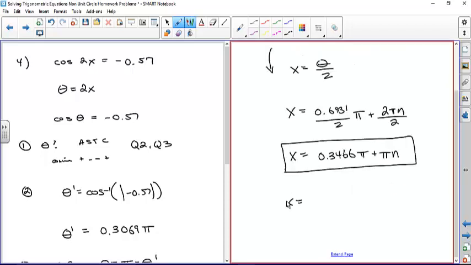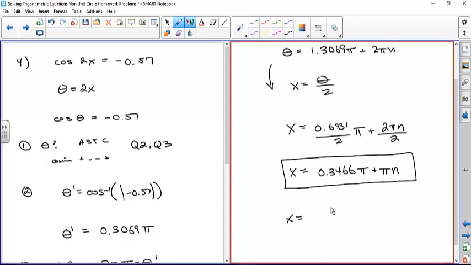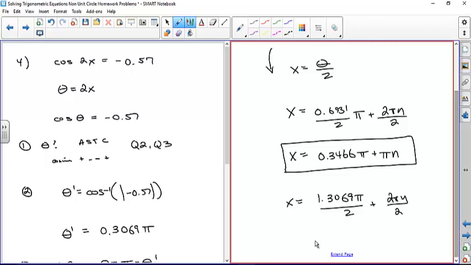And then the second one is 1.3069 pi divided by 2 plus 2 pi n divided by 2. So I get x. So if we take 1.3069 divided by 2, we'll get 0.6535 pi plus pi n.